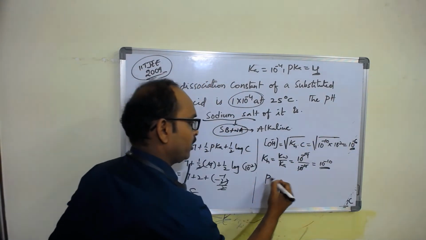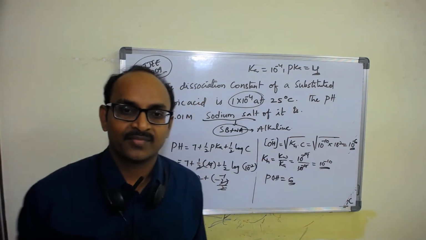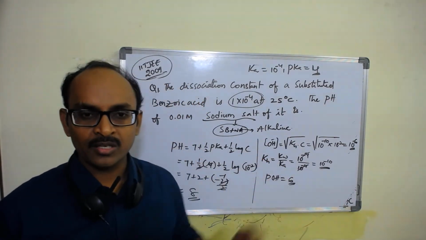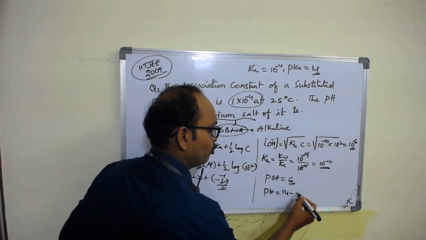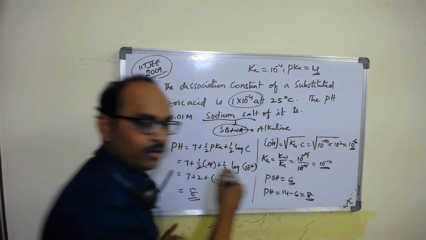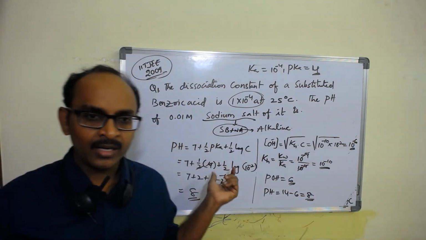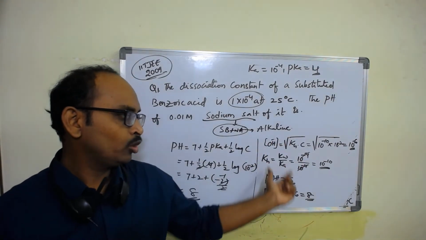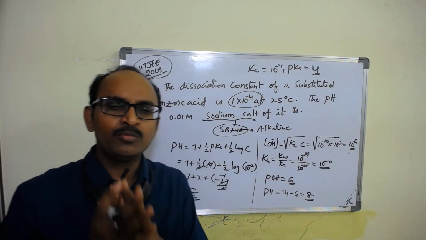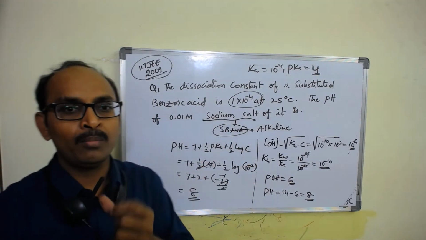Then what is pOH? It is equal to 6. Yes or no? pOH is 6. Then what is the pH value? pH is equal to 14 minus 6, which is equal to 8. Either you do it by directly substituting in the pH formula or by calculating from OH minus, you will get the same answer. Which method you use depends upon your personal interest and which you will remember more effectively.